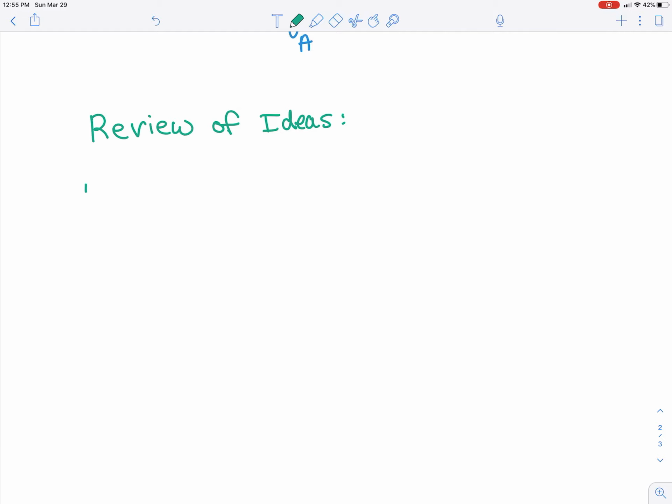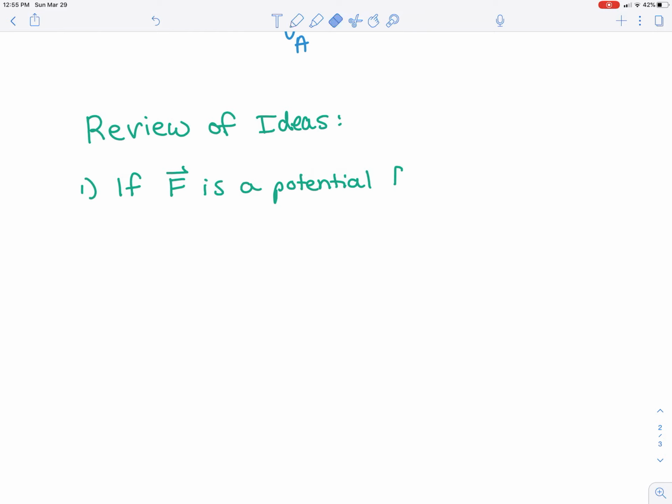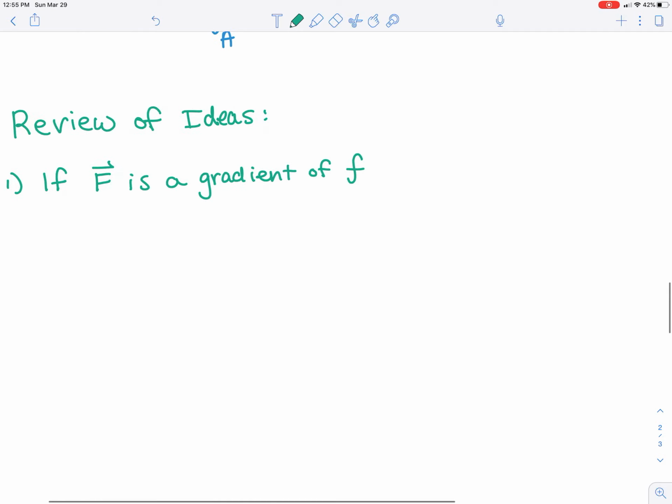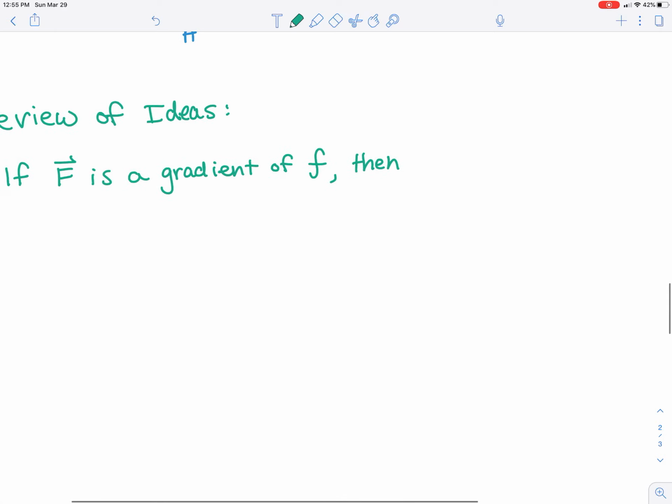So 1, if a vector field is a gradient of some other function, then it's conservative. That's the definition of conservative vector fields.